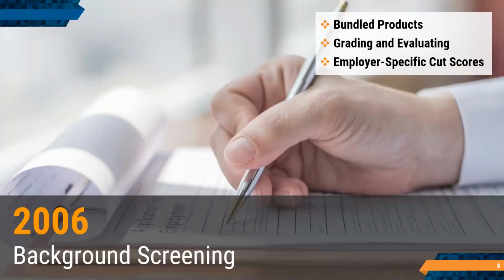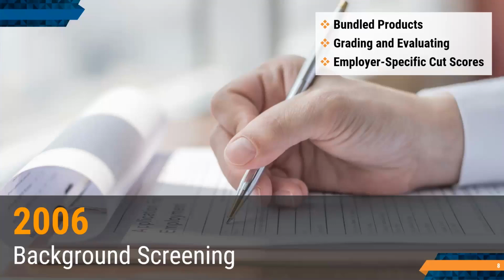Now, fast forward all the way to 2006, and I put this in here because although drug testing has had a lot of evolution, the background screening industry and tracking compliance and implementing these programs has also evolved significantly.